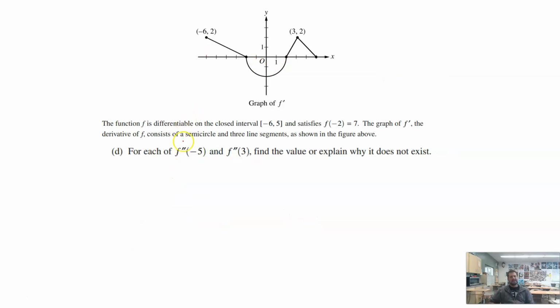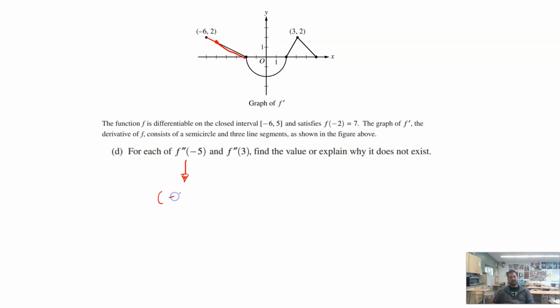Letter D I also find to be pretty simple. I want to find the second derivative when x equals negative 5. But what that's asking, because this is the first derivative, is what is the slope of that line? So I'm just going to go y2 minus y1 using any points that are on that line.